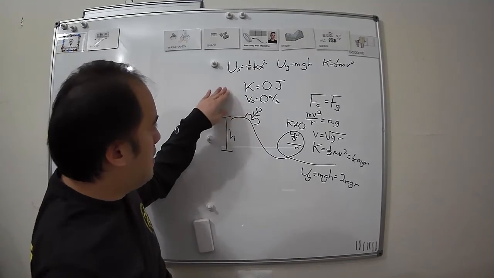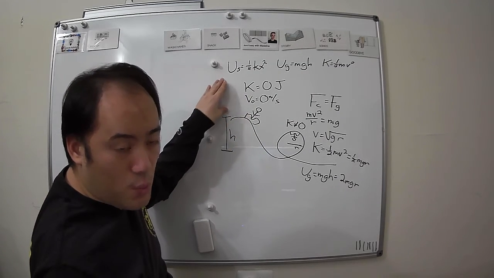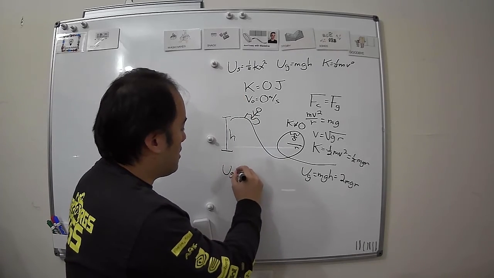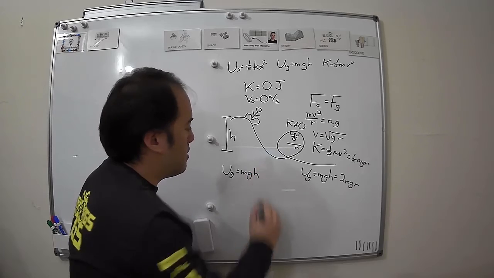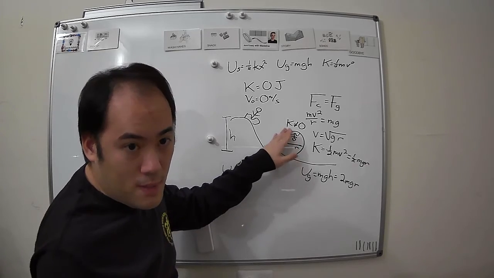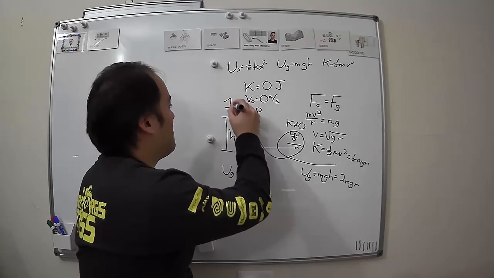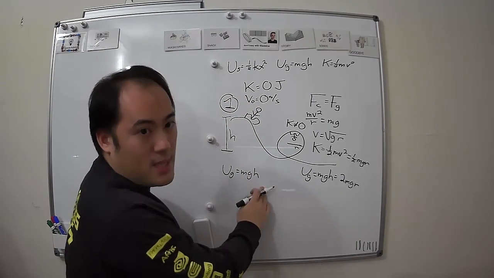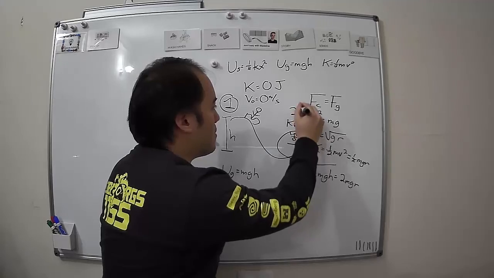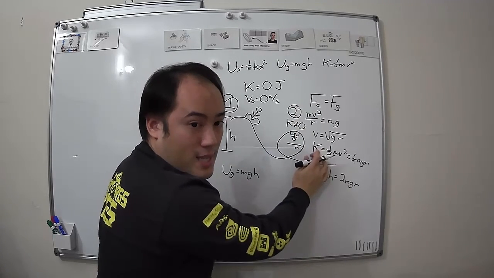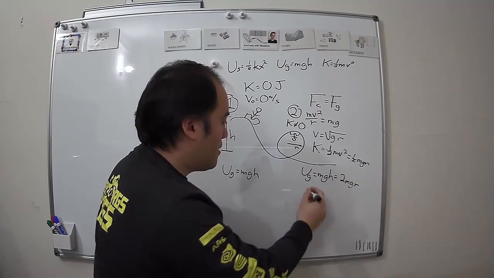So at the top, the only energy is U_g. At the top, U_g equals mgh. Over here at the top of the loop, we'll call it top, sorry. At position 1, U equals mgh. At position 2, U equals 2mgr. K is not 0, it's 1/2 mgr.